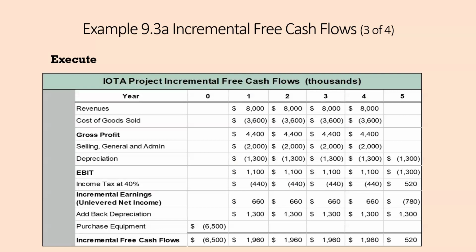In year 1, you have revenue as 8,000, cost of goods sold negative 3.6, all the way through year 4. You see the gross profit at 4,400, year 1 through 4, then you have a negative 2,000 for selling, general, and administrative from year 1 through 4. And depreciation, you have a negative 1.3 from year 1 through 5, and so forth.